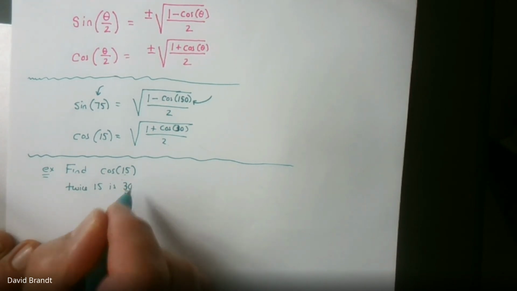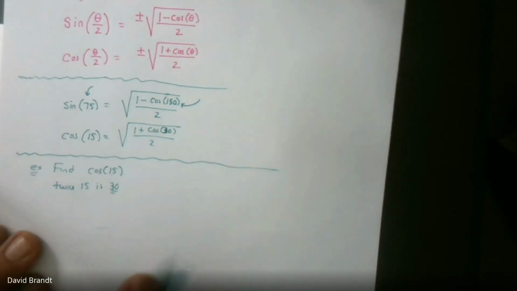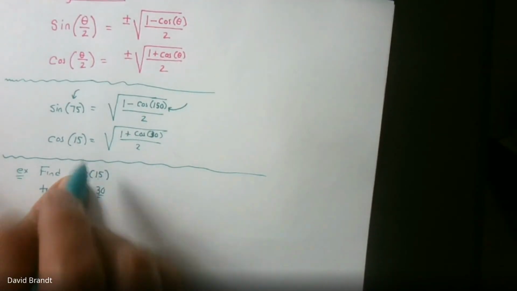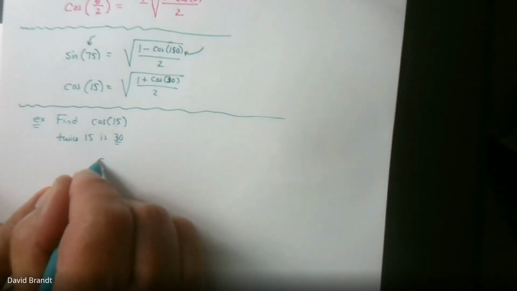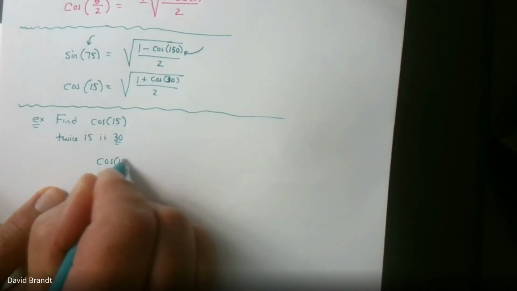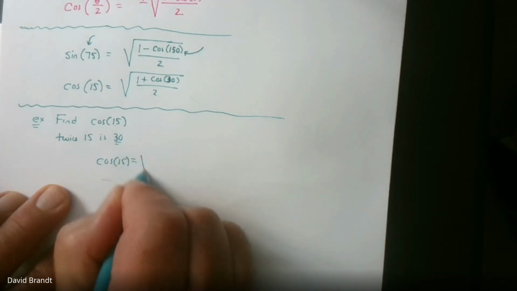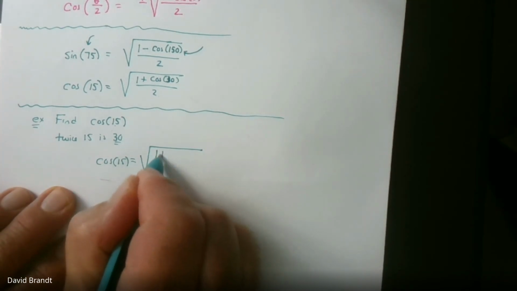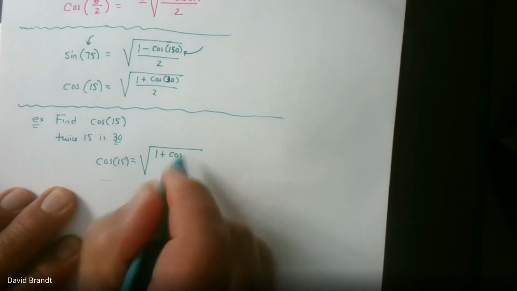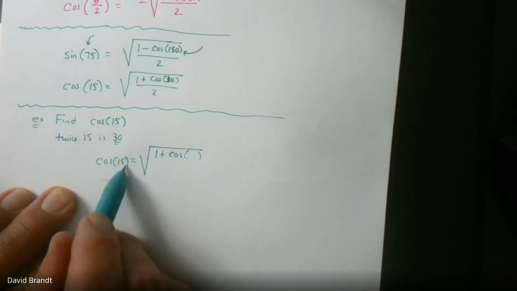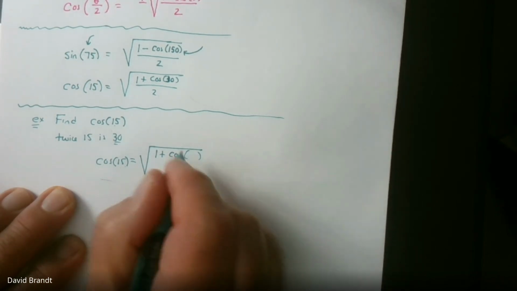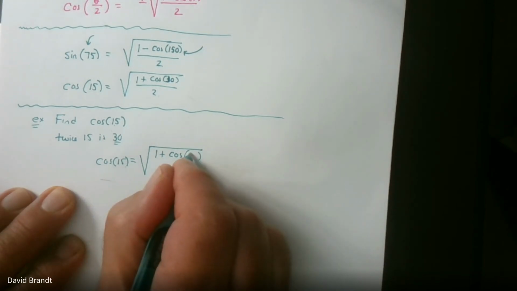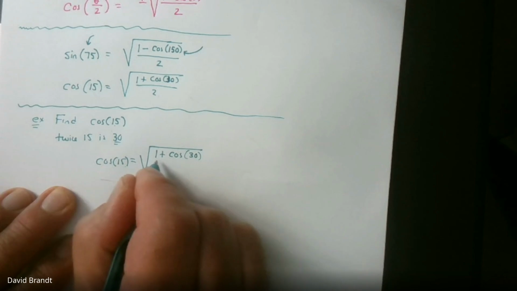Do we know something about 30 degrees? Yes, we do. So to use the half angle identity, we're going to say cosine of 15 is equal to, all right, so it's going to be 1 plus, and what you're going to put here is twice as much as that angle. So we're going to double 15, we're going to get 30.